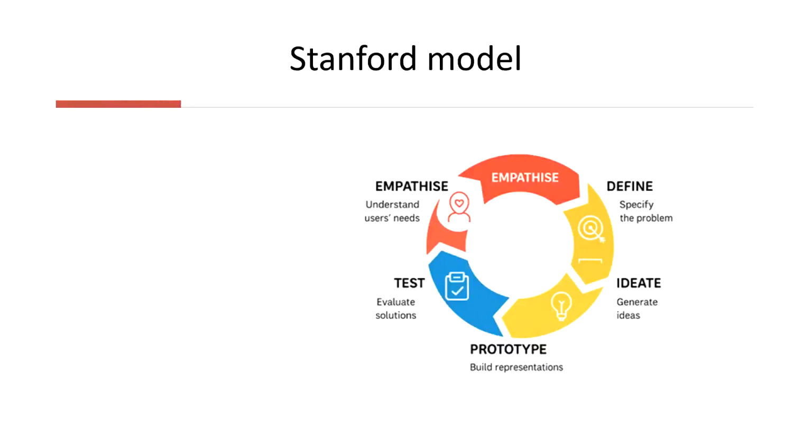We'll just look at the Stanford model, which has 5 stages: empathizing, defining, ideating, prototyping, and testing. This model was developed at Stanford University's Institute of Design, and I would say this is one of the most widely used frameworks for creative problem solving, not only in engineering but also in business management and education.